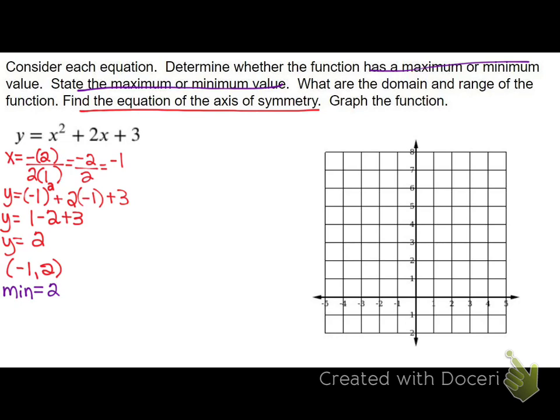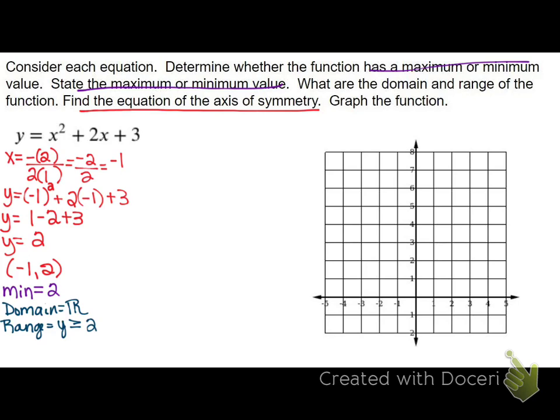So what's my domain? All real numbers. Okay. What's the range? y. Okay, so now it has a minimum. So what inequality? Good, greater than or equal to. And then what was your minimum? 2. All right.